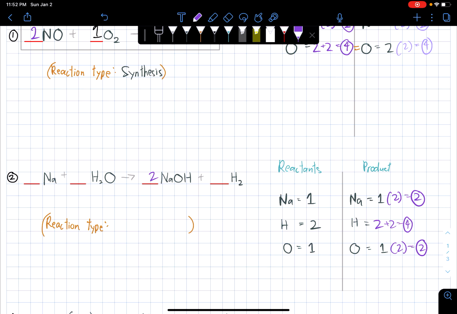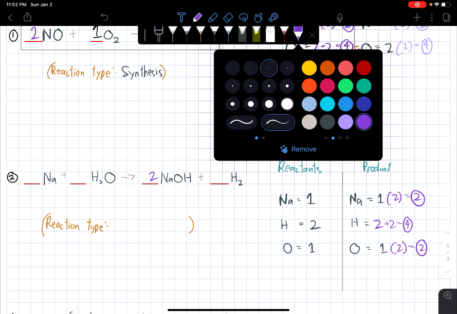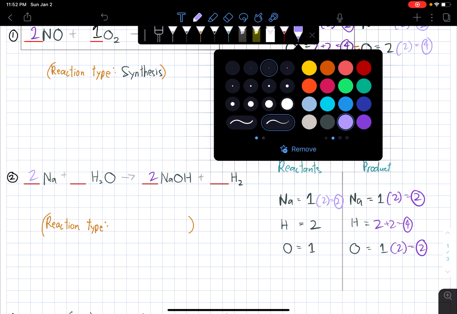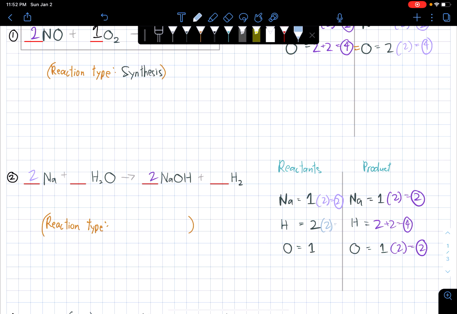Alright, so I think that's a deal breaker. Let's continue with balancing sodium at the reactant side to make them equal to each other. So there you go. Sodium is now balanced. For hydrogen, multiply this with 2. Oh yeah, by the way, I have to switch color. So we get 4. And for oxygen, we also multiply with 2.